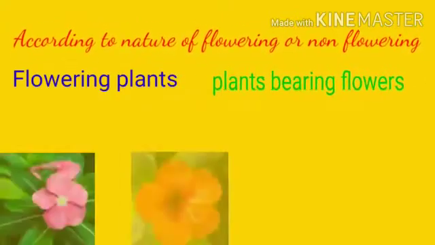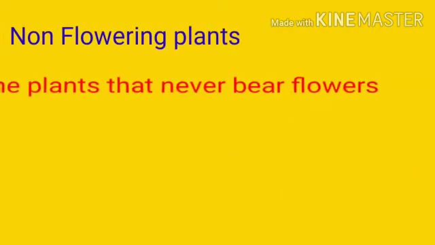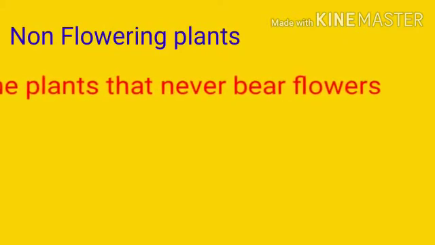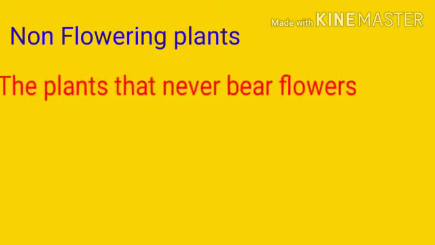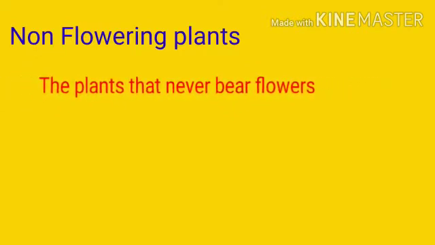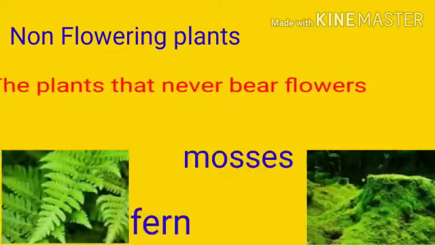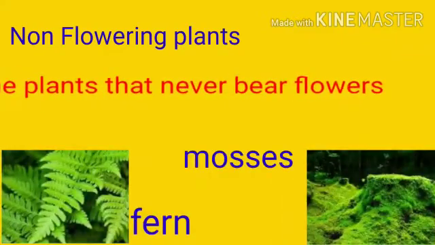Example, periwinkle, hibiscus, rose, etc. And plants that never bear flowers are called non-flowering plants, students. Such types of plants may not have roots, stems or leaves. Examples are ferns or mosses.